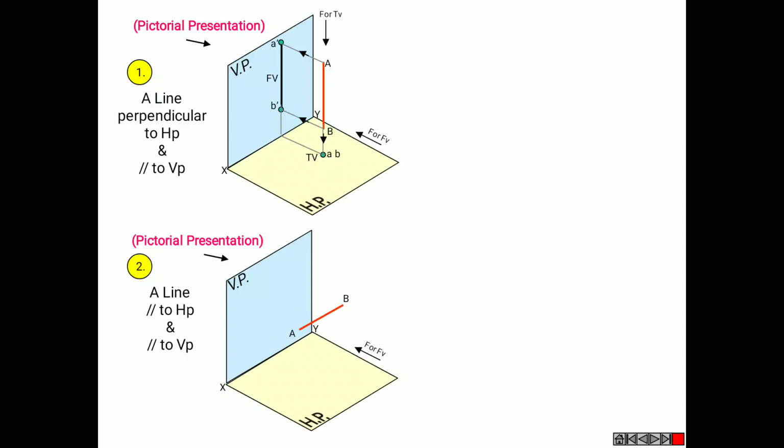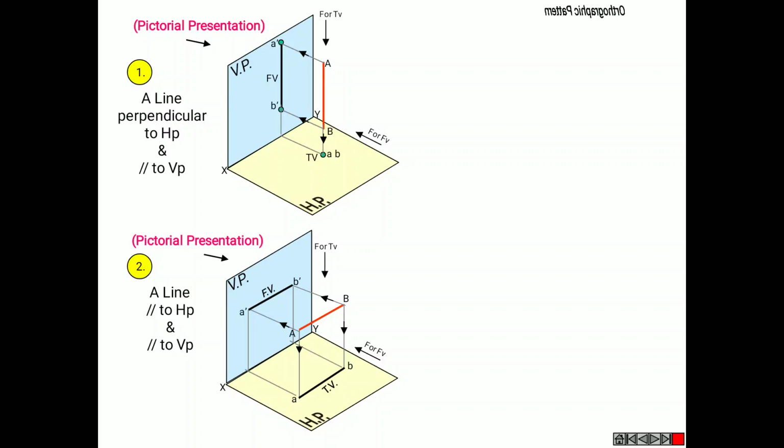Similarly, the front view is projected on the vertical plane, which is A dash and B dash, and the top view is observed on the horizontal plane, similarly AB. So these are the projections of a line parallel to HP and parallel to VP.